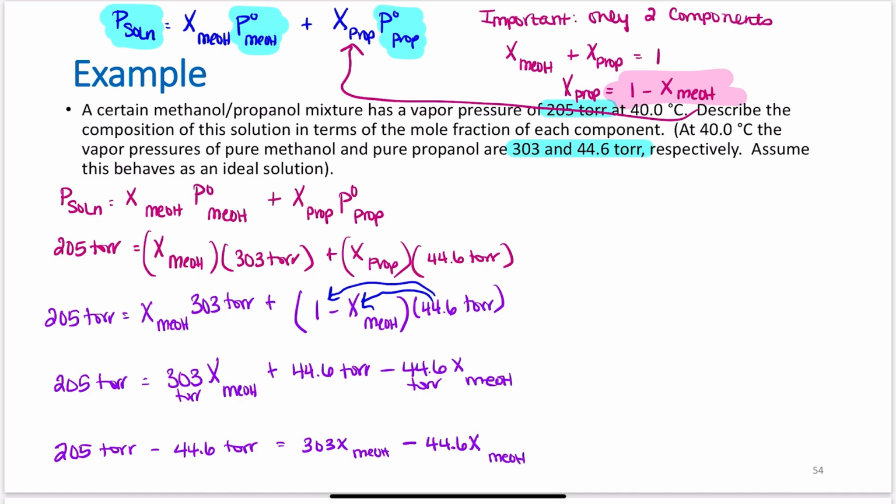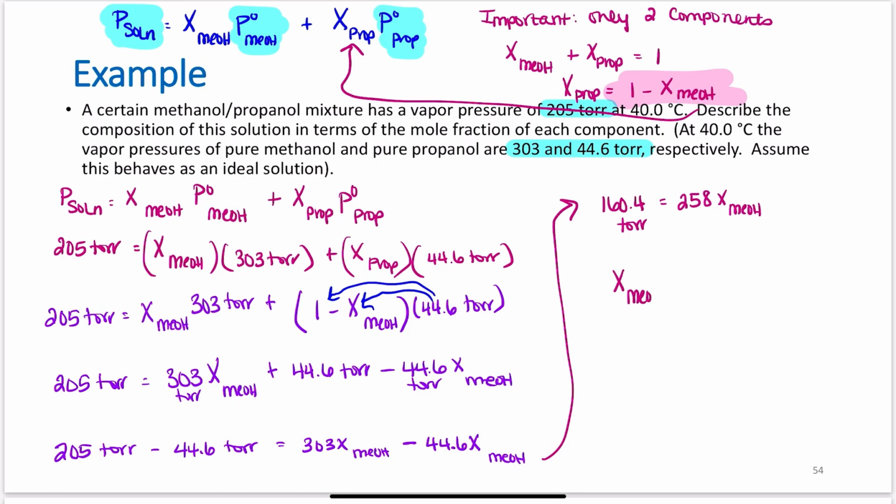And I'm going to move up here. 205 minus 44.6 gives me 160.4. 303x minus 44.6x gives me 258x. I dropped the decimal there because of the sig figs.